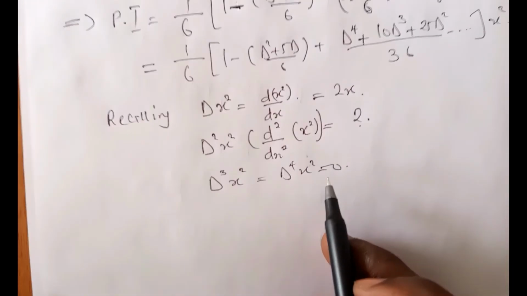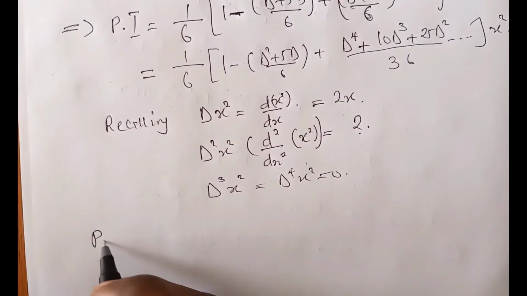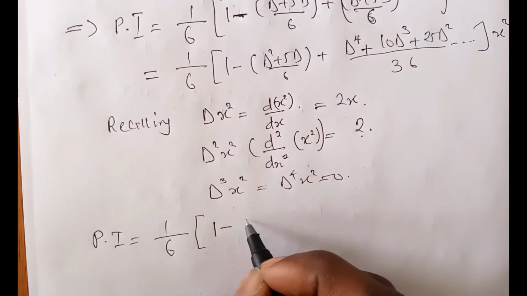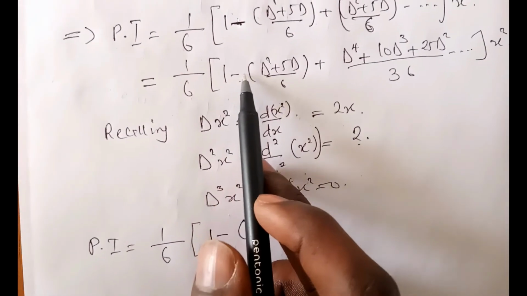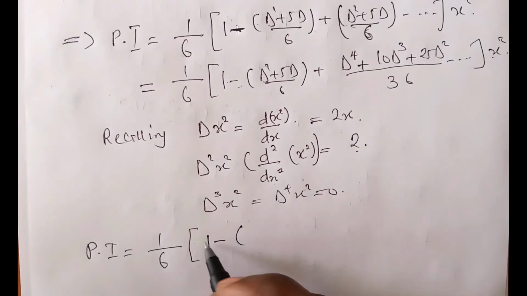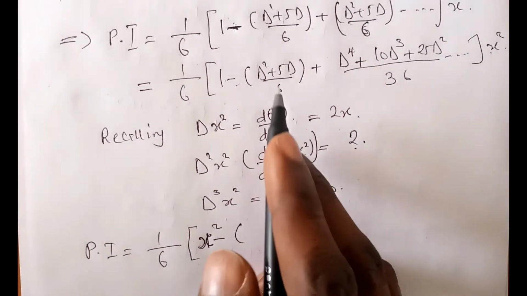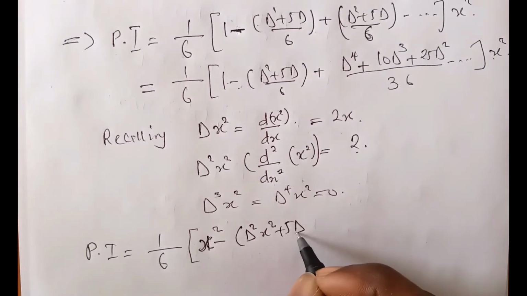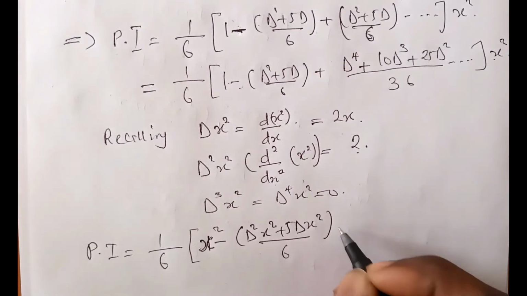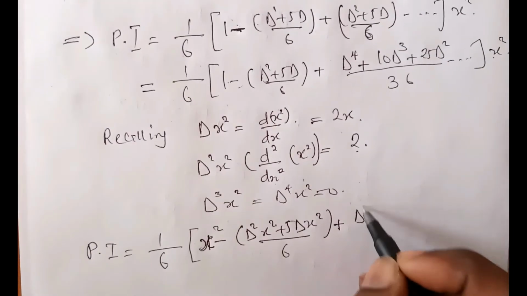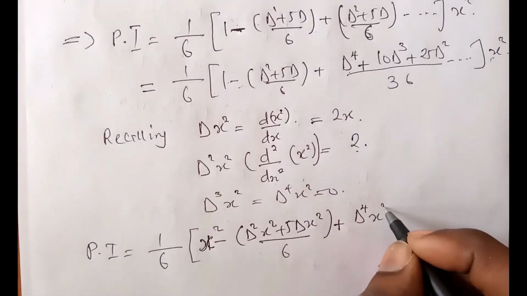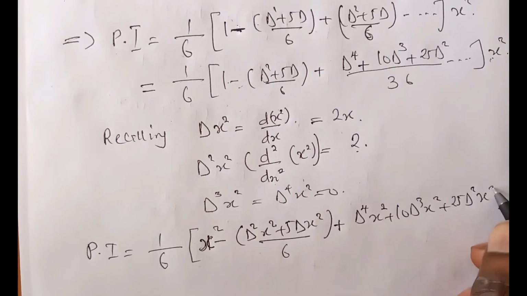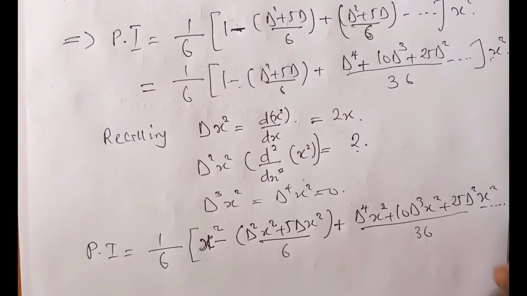So substituting all these values here, we will have the particular integral equal to 1 divided by 6 into 1 minus, first of all, 1 multiplied by x squared is x squared, then minus d squared x squared plus 5d x squared all over 6, then plus d to the power of 4 x squared plus 10d cubed x squared plus 25d squared x squared all over 36.